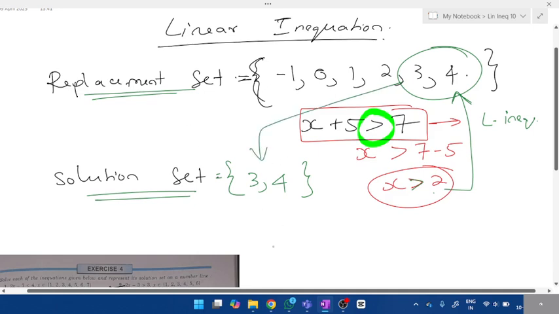Understood these three? Yes, sir. Replacement set, solution set. Make a note of this. Whatever is present in the solution set will definitely be in the replacement set, because we are taking it from the replacement set. It is also known as the parent or main set.